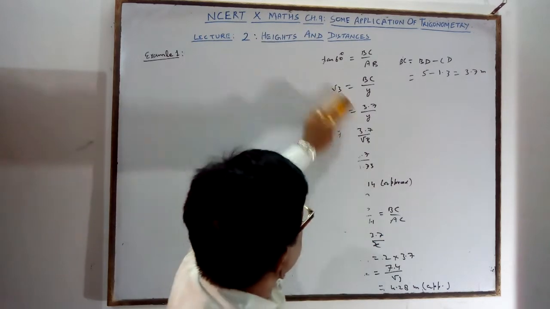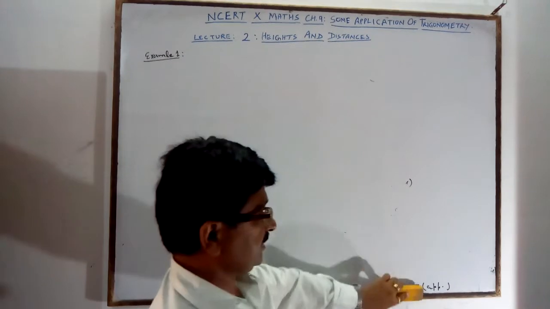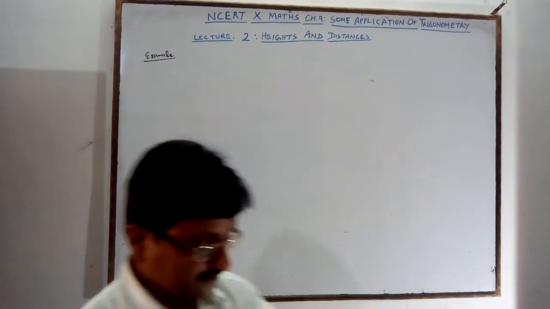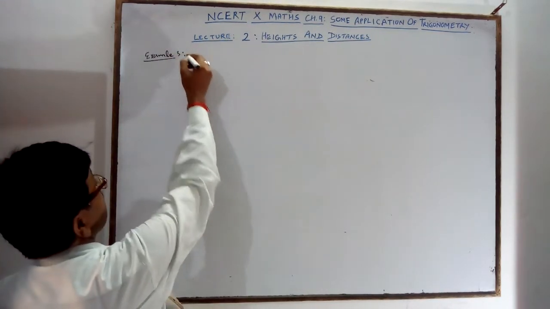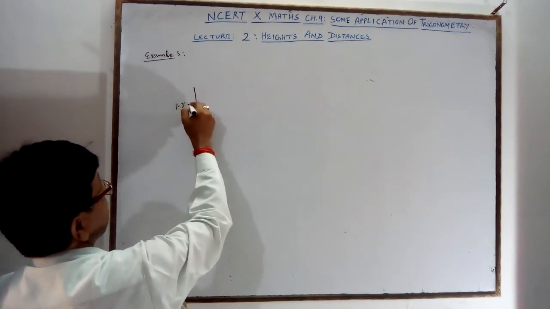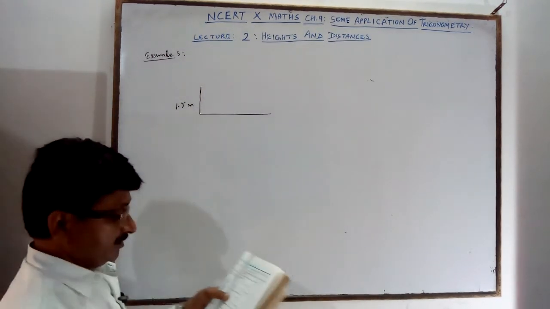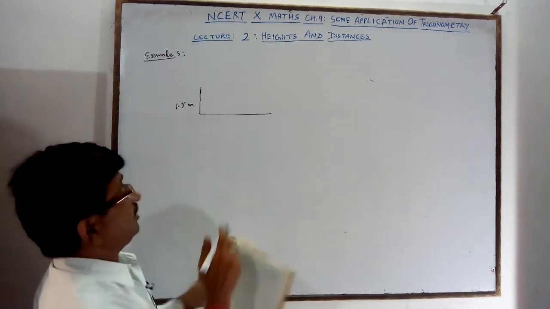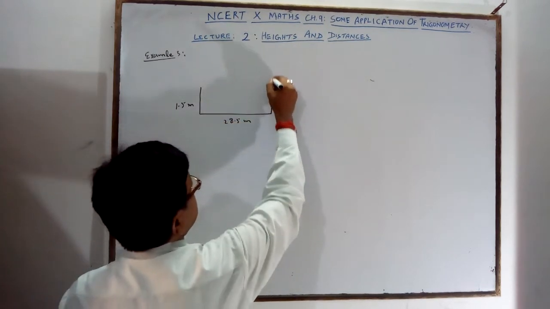There is an observer, one observer, who is 1.5 meter tall, and 28.5 meter away from a chimney.